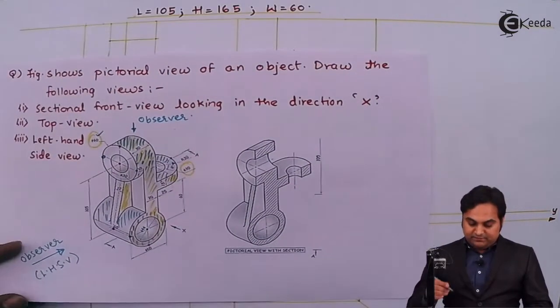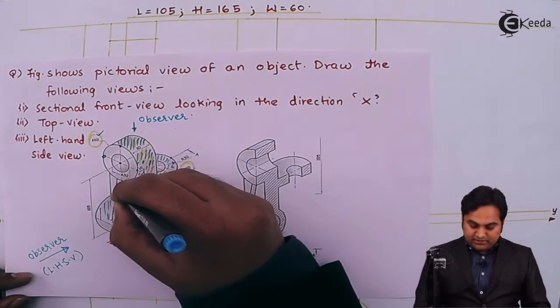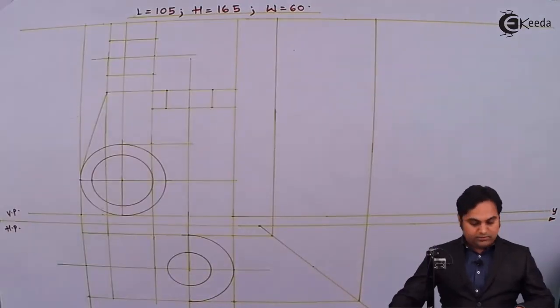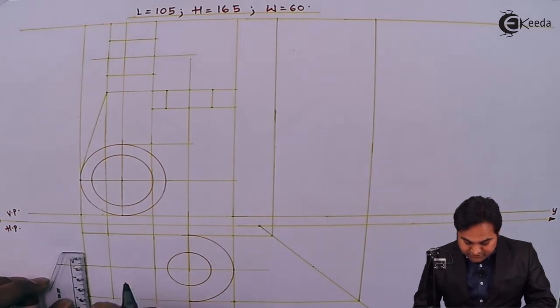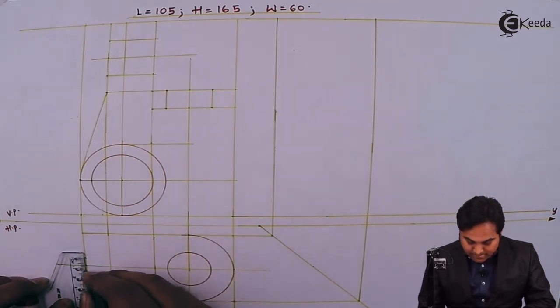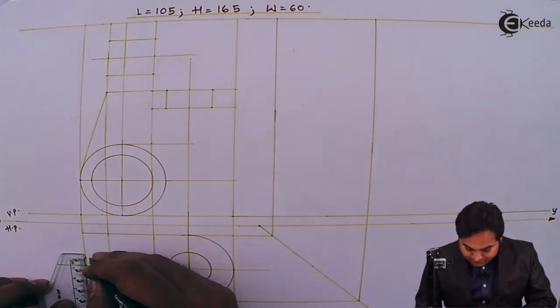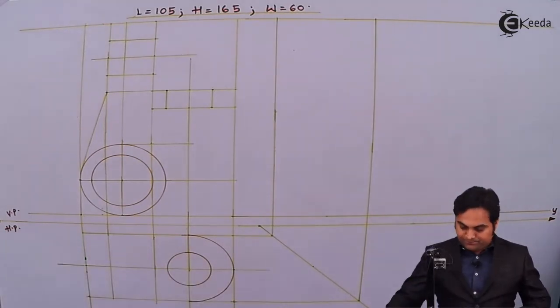Then at the same time when I am seeing from top, this rib is also visible having a width of 12 mm. So for the rib, out of this center line I am measuring 6 mm on one side, 6 mm on the other side. So that gives me the width as 12 mm.